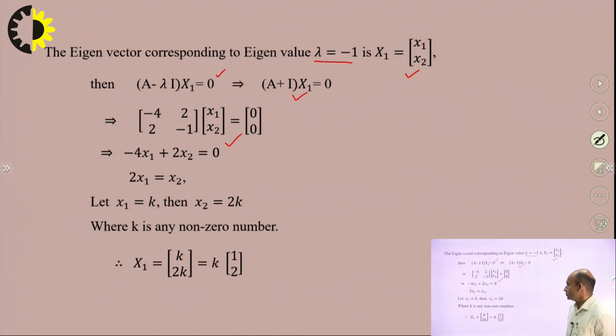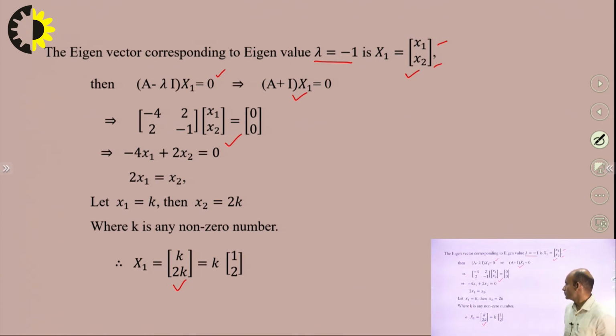This is actually a homogeneous system of equations. Let x1 be k, then x2 will be 2k. Then the vector will be k and 2k here. So this is the required eigenvector corresponding to eigenvalue lambda equals minus 1 here.